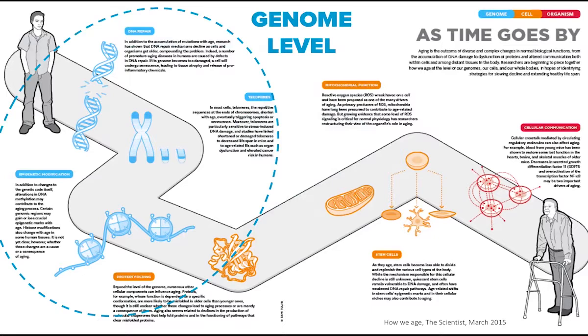So on the genome level, what happens is that DNA repair mechanisms break, and that's why there are cells that are damaged, and some tissues are also damaged. We also know that telomeres that are on the ends of our chromosomes start to be shorter, which is also, I would say, a side effect of aging.